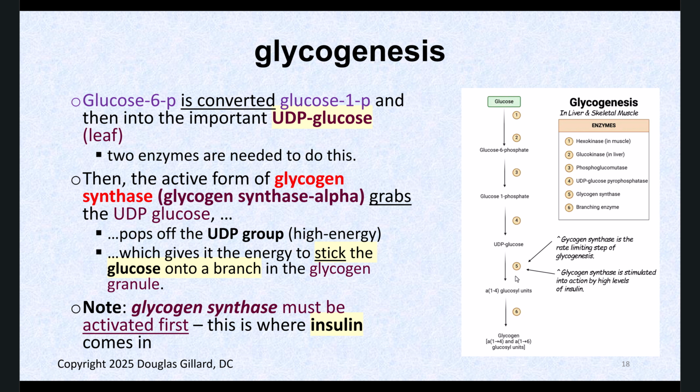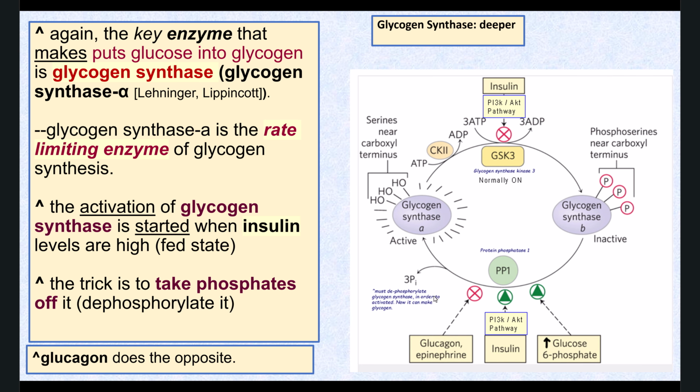Also interesting here, glycogen synthase is stimulated into action by high levels of insulin, and we're going to get into the weeds on that right now. Let's go a little bit deeper and check out this glycogen synthase, because that's the star of the show. That's what actually sticks the glucose on the growing glycogen molecule.